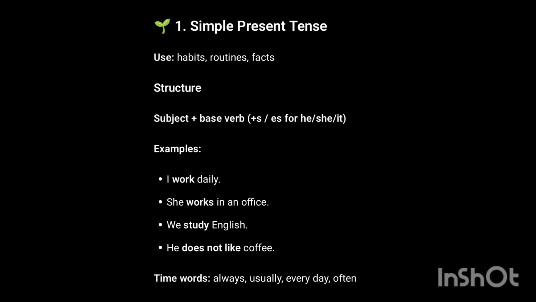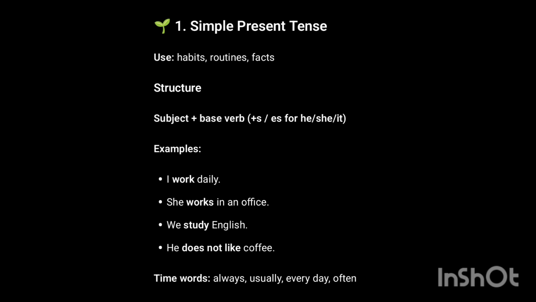You all know the structure: subject plus V1 base form plus object. And the slight difference is for he, she, it, we have to use s or es, which means third person singular. Subject plus V1 plus object for I, you, we, they.